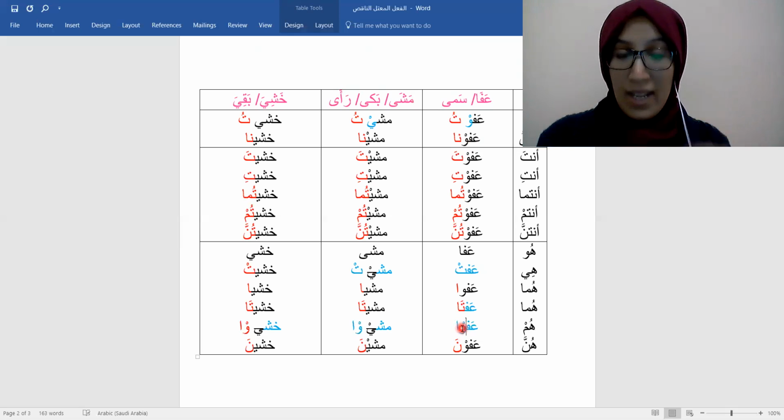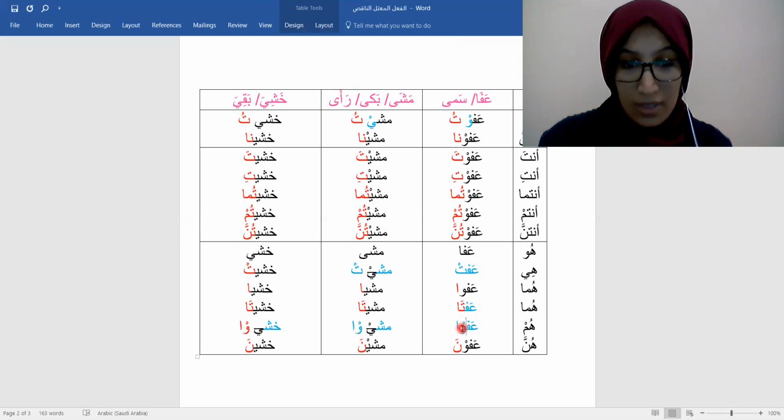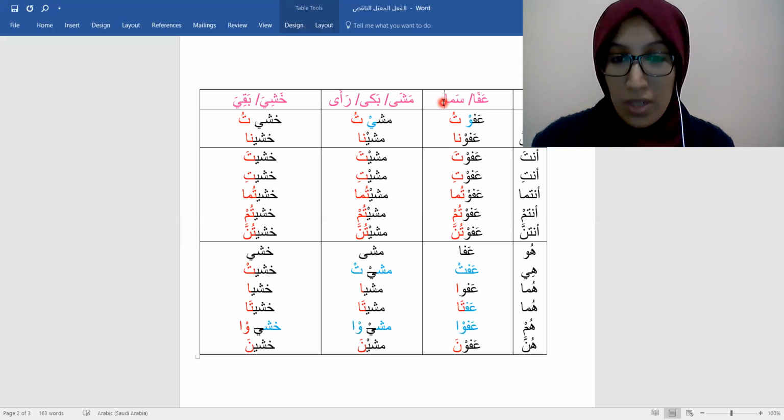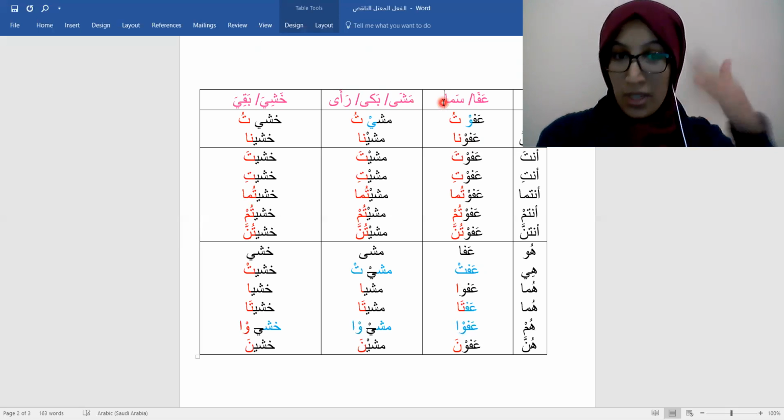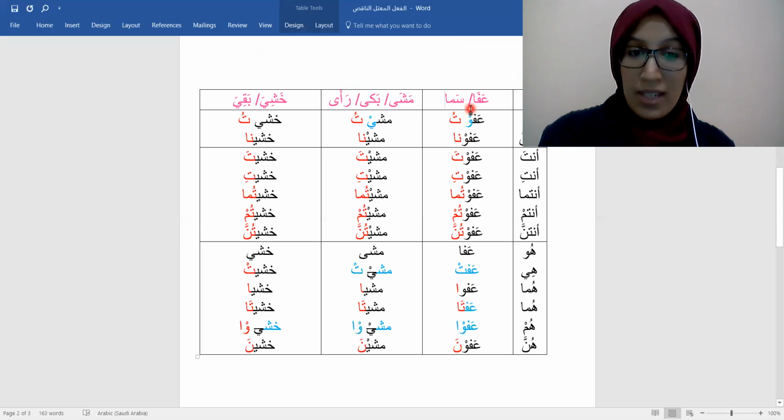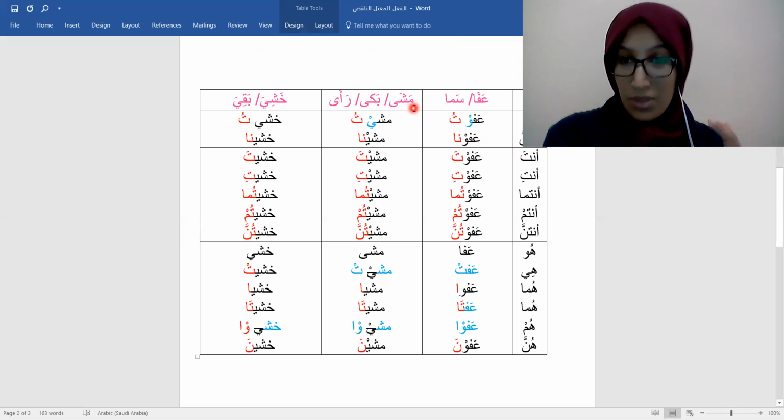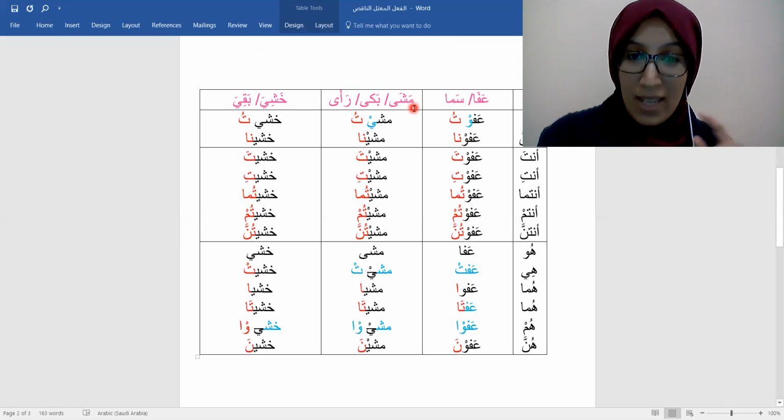And when I have 2 sukun, I delete حرف العلة, the first one. Okay. This is the conjugation in the past for the verbs which end with alif mamduda.